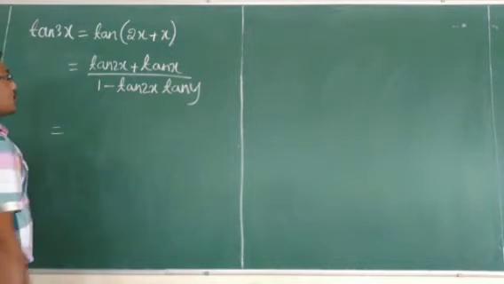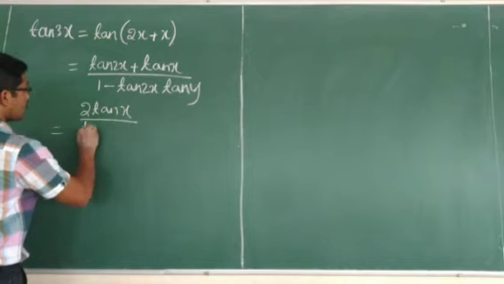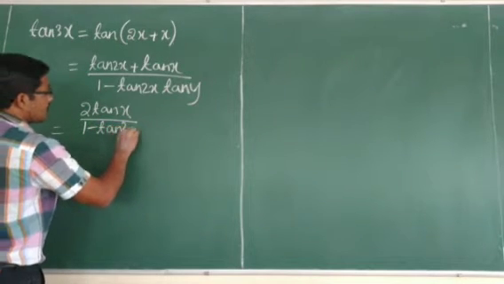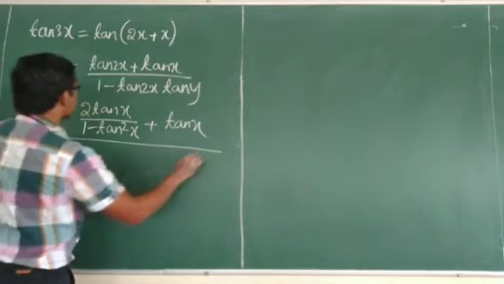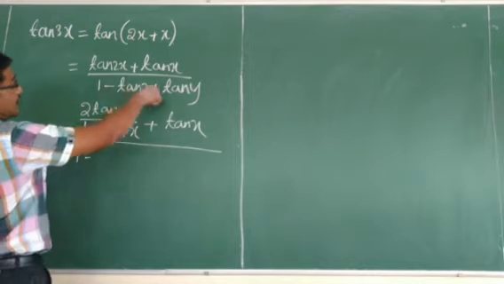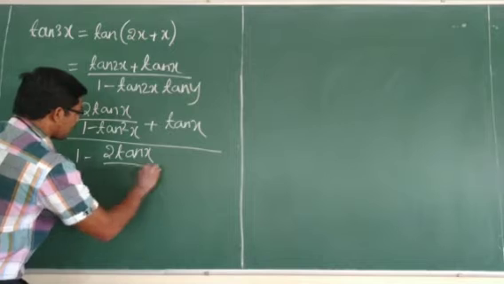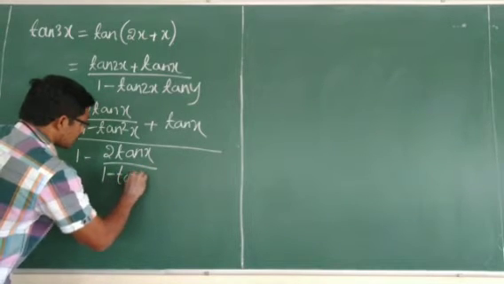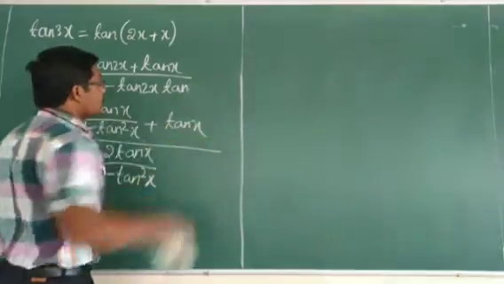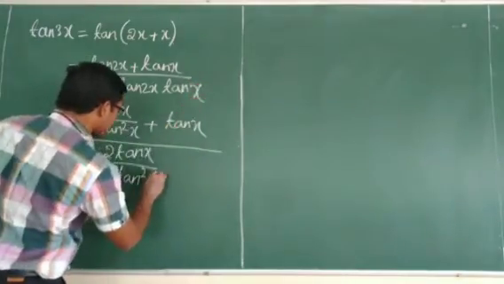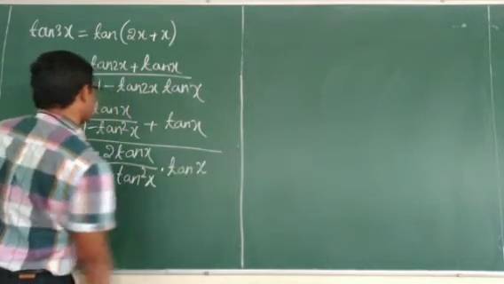Use the tan 2x formula. Tan 2x is 2 tan x by 1 minus tan square x, plus tan x, by, in the denominator, 1 minus, again tan 2x we have, so again use the formula 2 tan x by 1 minus tan square x into tan y, here y is x, so into tan x.